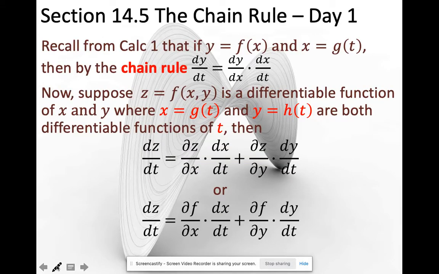So the derivative with respect to t of the function f, which is in terms of x and y, can look like this, right? So all I did was replace the z's with f's. But still notice where you have partials and where you don't have partials. Also notice your chains in both places.